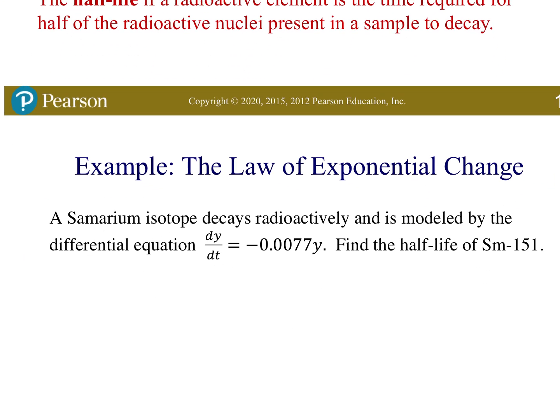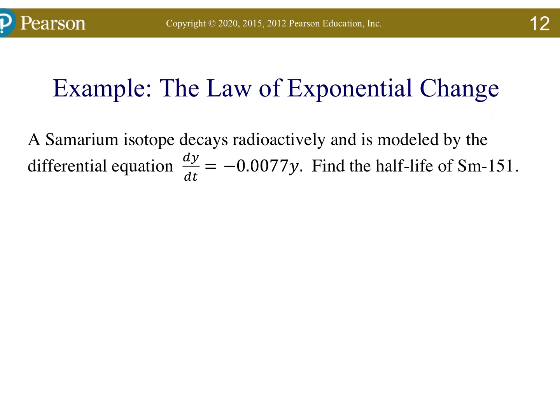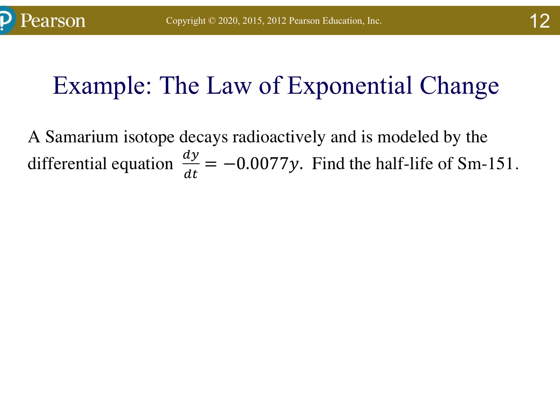We can find that with calculus. So if we know that something is decaying according to a differential equation, we can find the half-life. This particular one happens to be samarium. Okay, and so let's figure out how this is going to work to find the half-life. Well, we have our model, and our model has this value here, which is the value of K. So we know that K is equal to negative 0.0077.